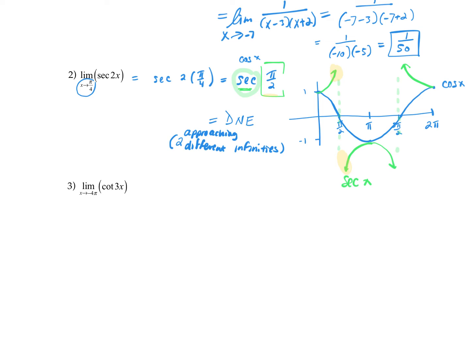Okay, so for the next one, we're going to take a look at what happens at cotangent. So it's the limit as x approaches negative 4 pi of the cotangent of 3x. So let's take a look at this as the cotangent of 3 times negative 4 pi, or the cotangent of negative 12 pi. All right, so cotangent. If we go to graph this one, and this one you should practice a little bit more before the quiz.